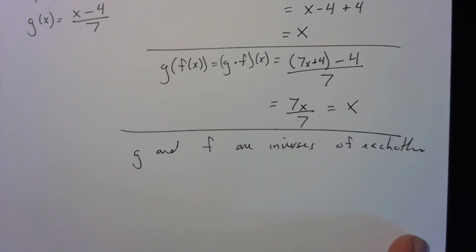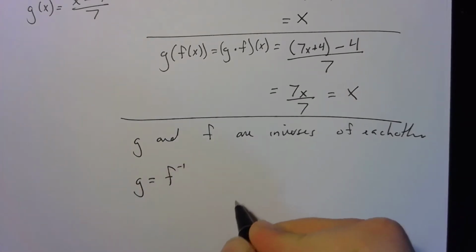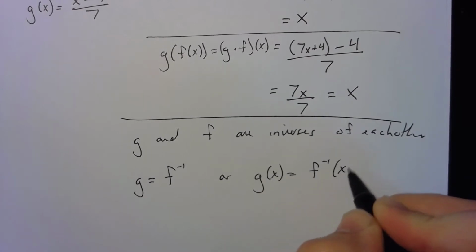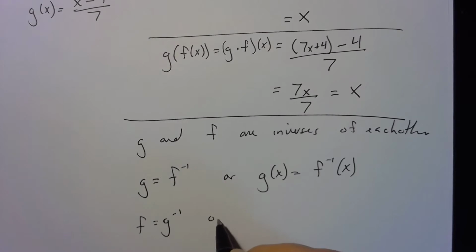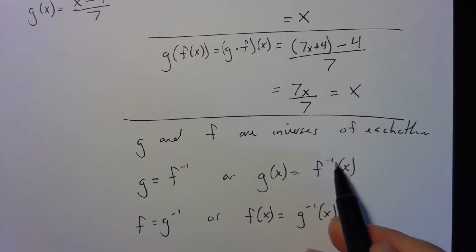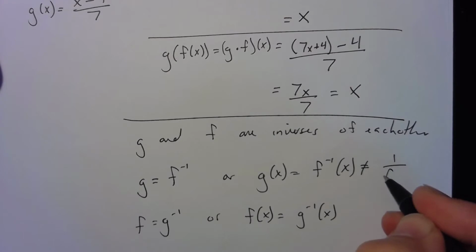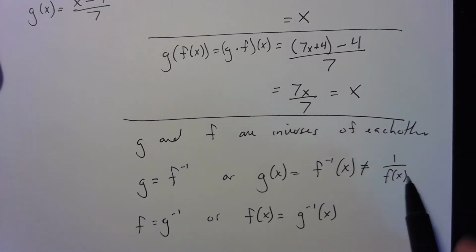And the way that we would generally write this notationally is g is equal to f inverse, or more appropriately, g of x equals f inverse of x. We can also make note that f is equal to g inverse, or f of x is equal to g inverse of x. Now make note, this is a notation, this is not a power, so this does not imply that this is equal in any way to 1 over f of x, if we recall that a negative power makes it a fraction.